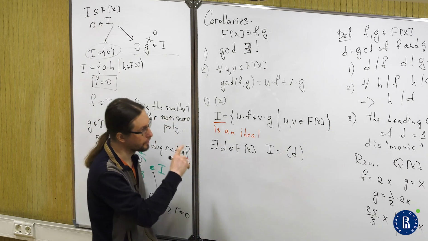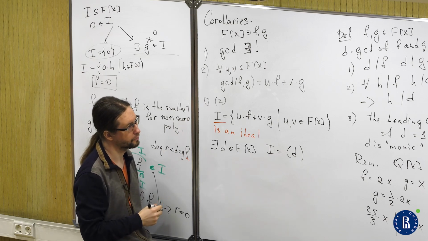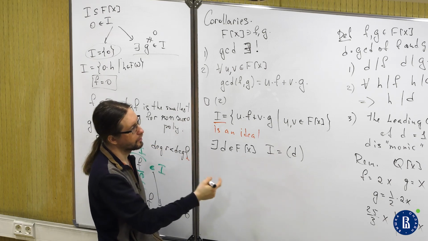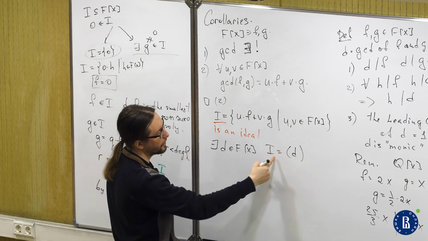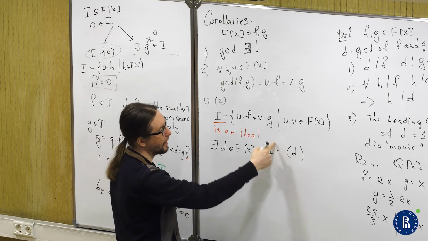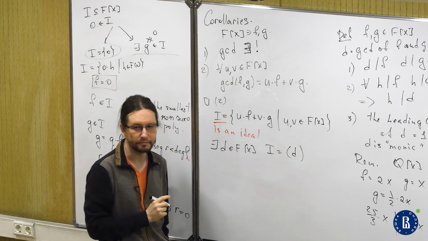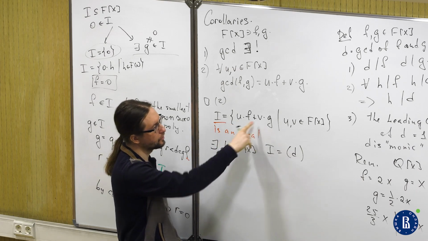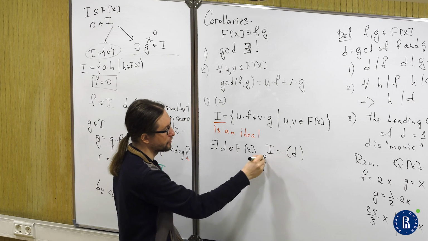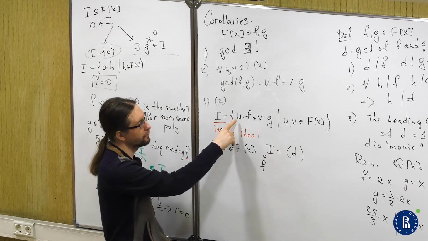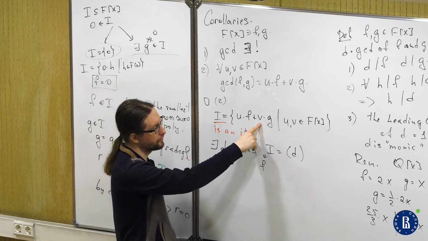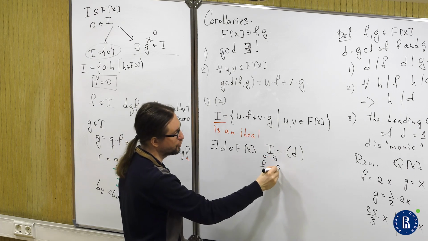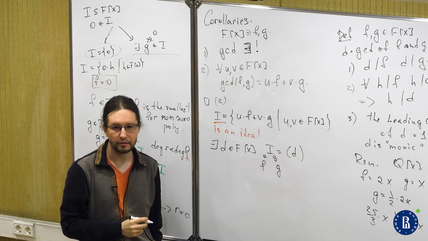Now we need to check the first two properties. What does it mean that I equals this thing? It means that every element here is divisible by d. If we take u to be 1 and v to be 0, it means that f belongs to this ideal. And if we take u to be 0 and v to be 1, we get that g belongs to this ideal.